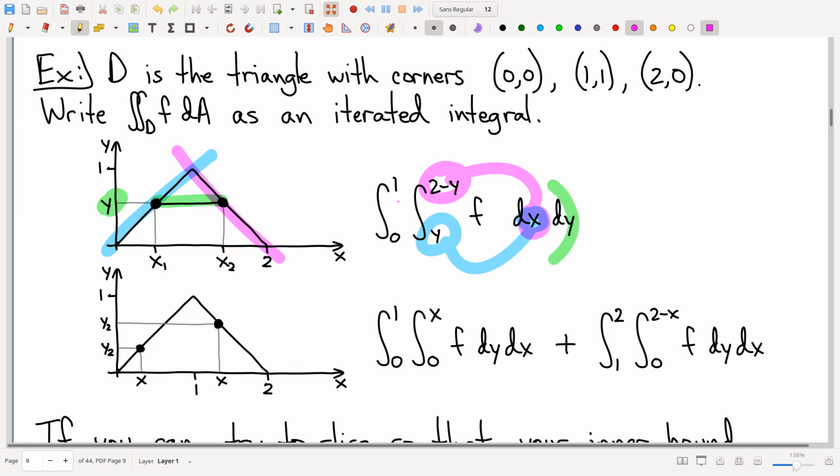Particulars and details are not the point here. You can see the range of values for y, and you can see which curves the x bounds are going to come from.